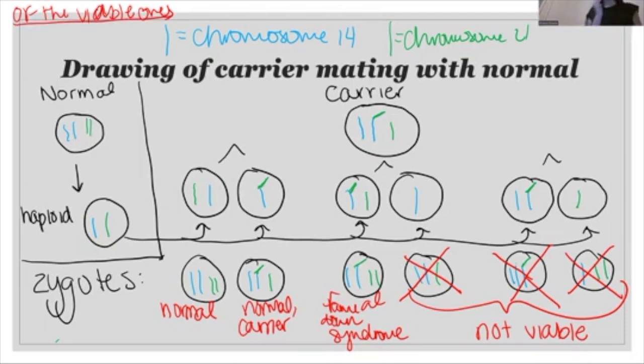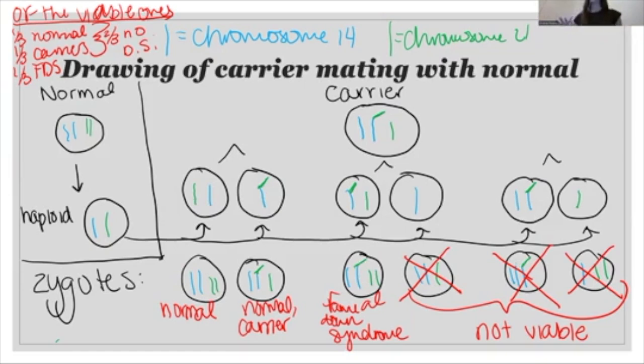You'll notice that 1/3 are completely normal. 1/3 are carriers. And 1/3 have familial Down syndrome, which I'm going to abbreviate FDS. And you could also write this another way by saying that 2/3 have no Down syndrome, since both normal and carriers would not have Down syndrome.